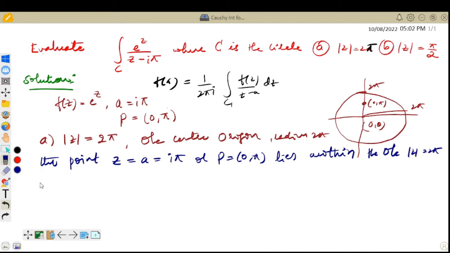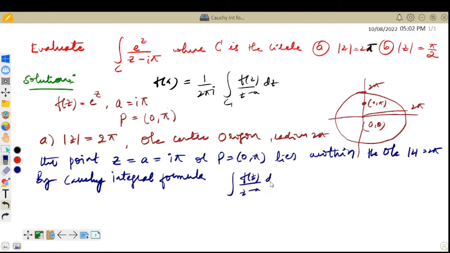So by Cauchy integral formula, here it is. Just cross multiply it, writing in the reverse order. Integration of f(z) divided by z minus a dz over the curve C is equal to 2 pi i into f(a). Just cross multiply.